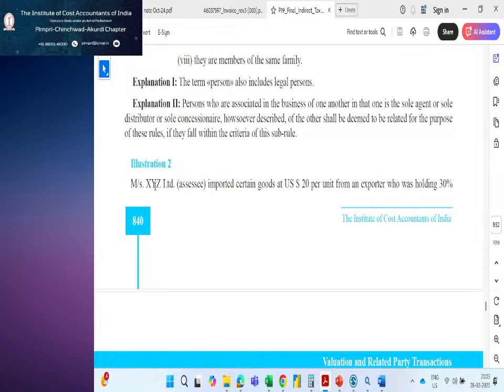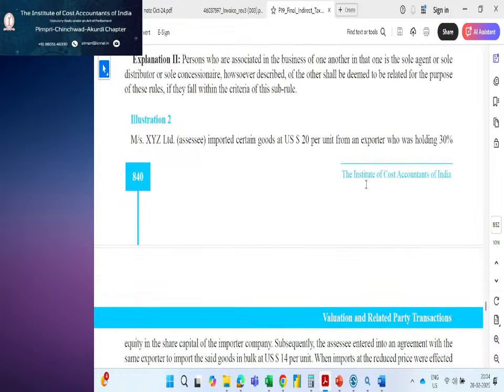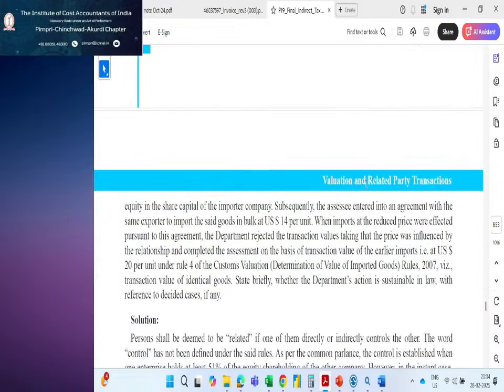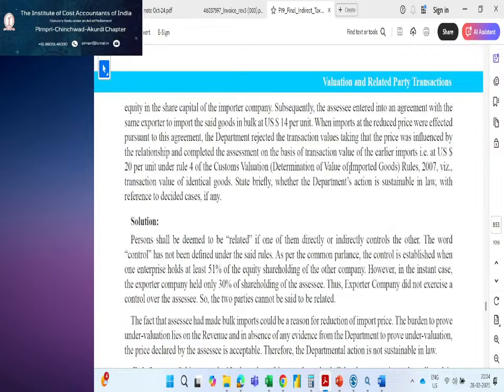XYZ Limited imported certain goods at $20 per unit from an exporter who was holding 30% equity in the share capital of the importer company. Subsequently, the assessee entered into an agreement with the same exporter to import the said goods in bulk at $14 per unit.